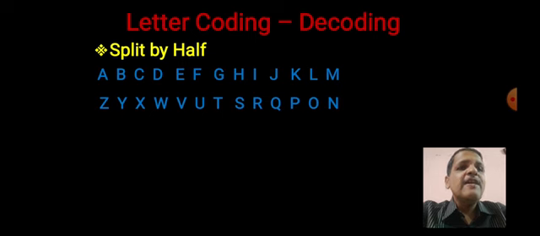But you have to write A to M on the upper side and Z to N on the downside. You have to write Z below A, Y below B. Means from the start 1 to 13, from the end 1 to 13. M is 13 from the start, N is 13 from the end. Like that you can also keep in mind.